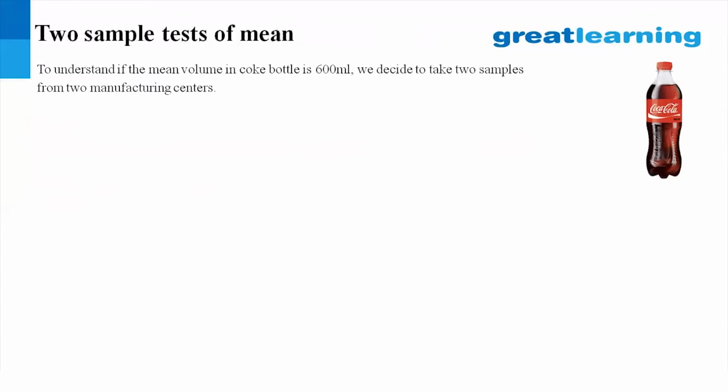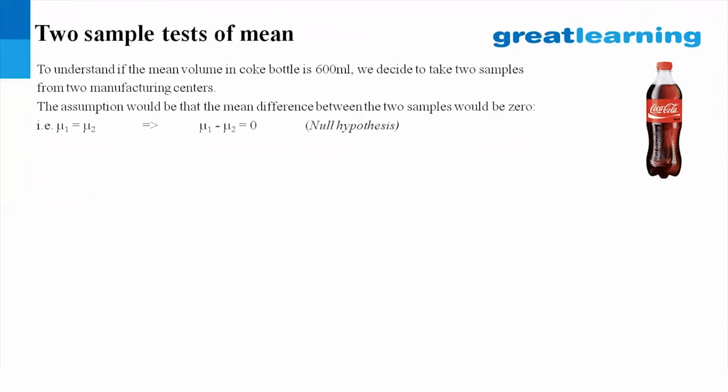Next we come to two sample tests of mean. So say going back to the Coca-Cola example, we take two samples from two manufacturing centers, one located in one location, one located in another location. When we're doing the hypothesis testing, we'll make an assumption that the mean difference between our two samples will be 0, because we wouldn't want one of our manufacturers pouring in more volume and one of them pouring lesser volume.